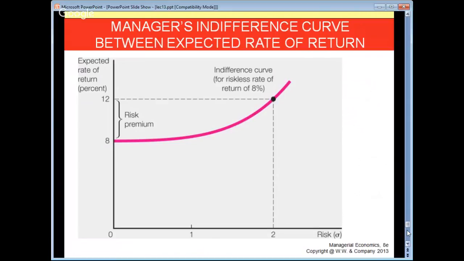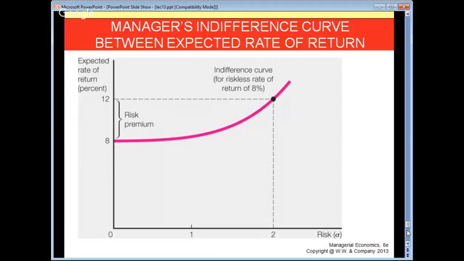If I have a bond that has a standard deviation of 2, how much according to this graph would you have to pay me in interest for me to buy your bond? 4. But then it's the difference between 4 and 8. That's the risk premium, you're right. But how much would you have to pay me in terms of interest?